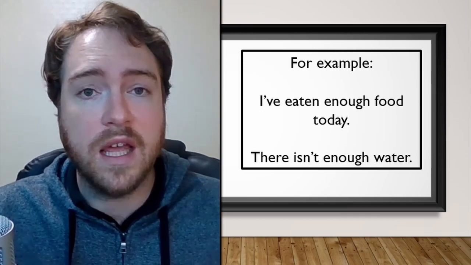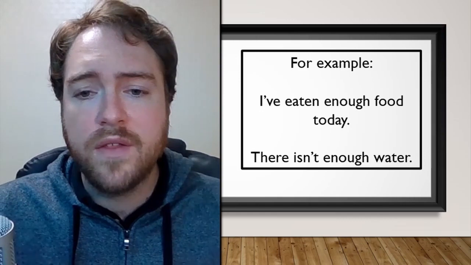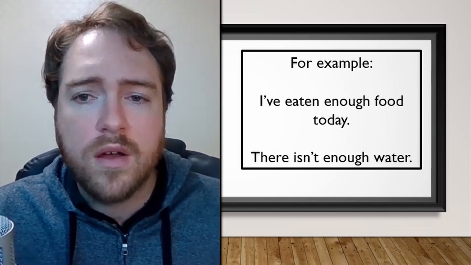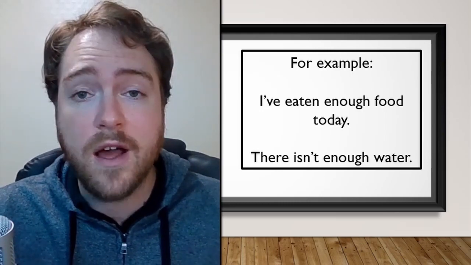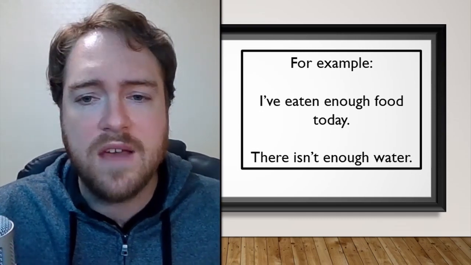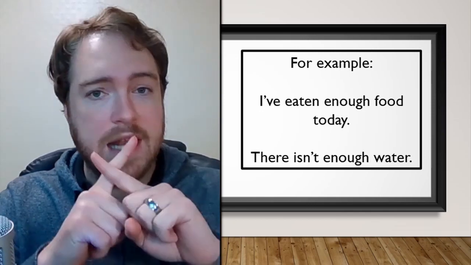I've eaten enough food today. Or there isn't enough water. I think that it's important to see here that enough is used before the noun. Okay? If you say there isn't water enough, that is incorrect.